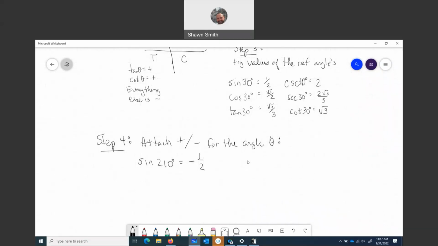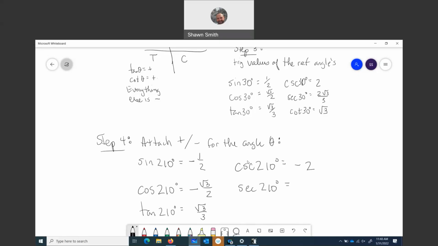Cosine of 210 is that square root of 3 over 2, but negative. Tangent of 210 is that positive square root of 3 over 3. Cosecant 210 is negative 2.